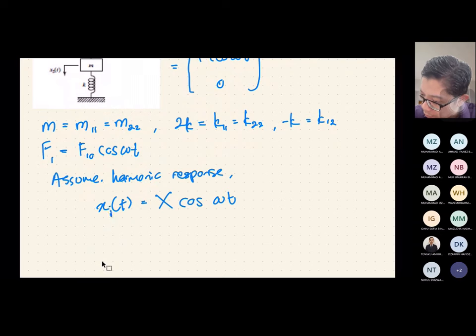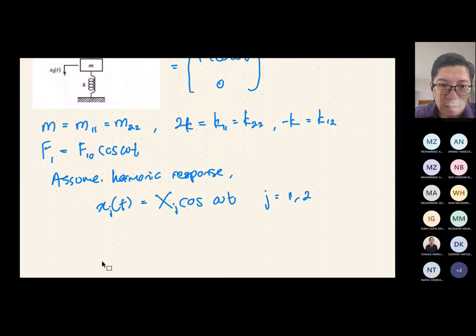So we can put j over here. So this j basically denotes either it's x1 or it's x2.